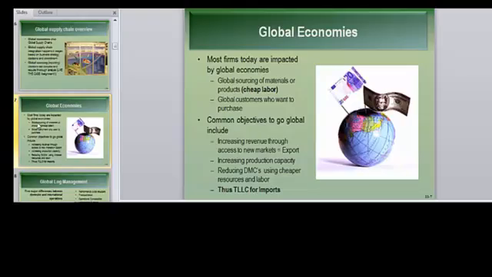Now, global economies, I should say, affect most firms. Most US firms are doing some global sourcing of either materials or products. And why?